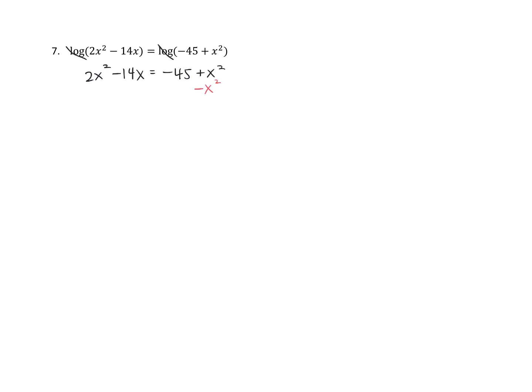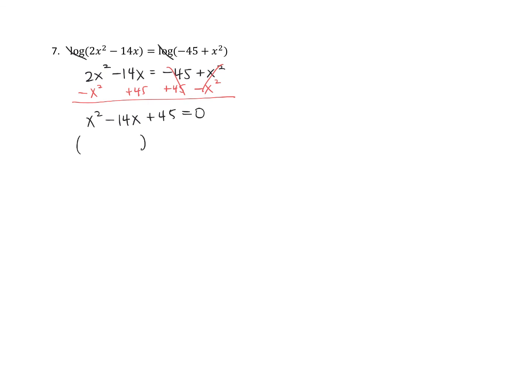So I'm going to subtract x squared from both sides and add 45 to both sides, and that will give me a 0 on the right. So 2x squared minus x squared is x squared. Then I have the minus 14x, and then the plus 45 equals 0.